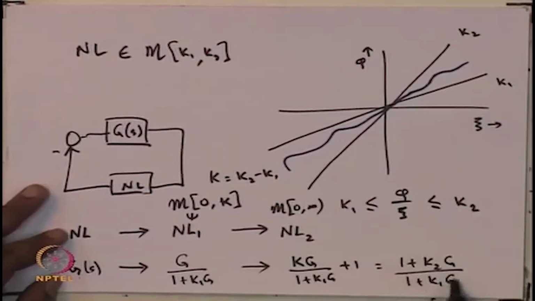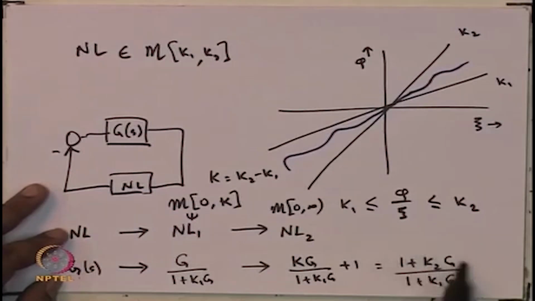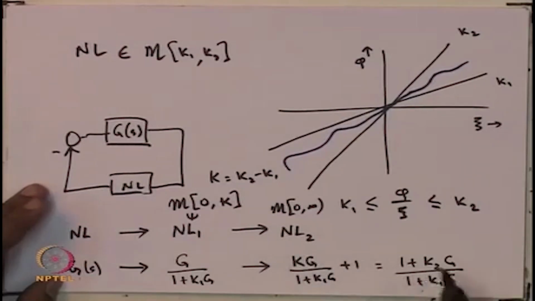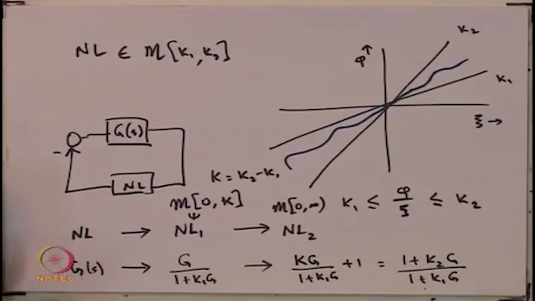And so, given G, if we use K1 and K2 and make this new plant, and if this new plant is passive and stable, or in other words, the Nyquist plot of this new thing lies in the right half plane and it's stable, then this interconnection is asymptotically stable, and that translates to this original interconnection being asymptotically stable.